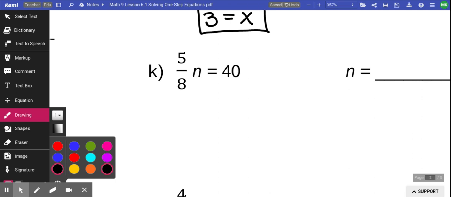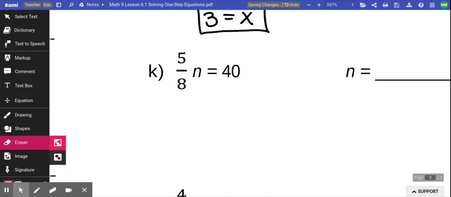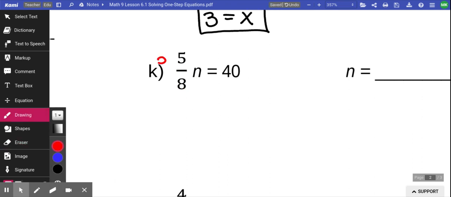Awesome. K. There's a couple different ways to do K. I'll show you the two different ways to do it. The way that I would like you to visualize this is the first thing that I want to do is get rid of the divide by 8. So I'm going to do that by multiplying both sides by 8.